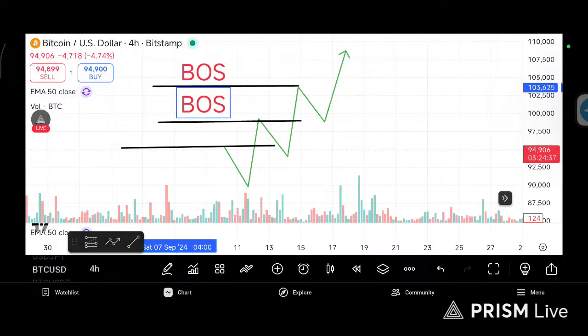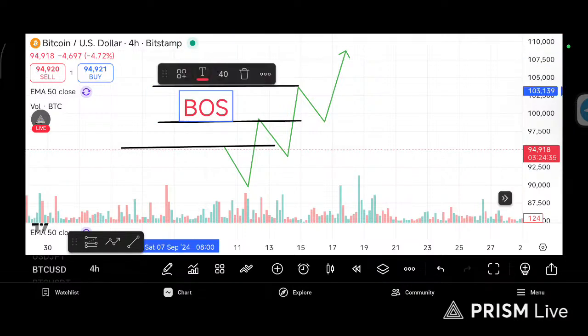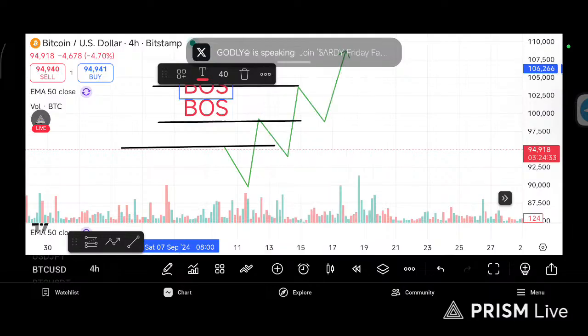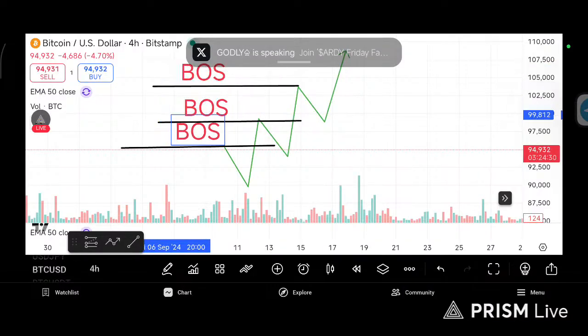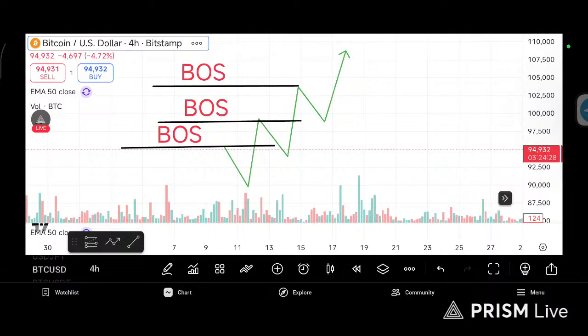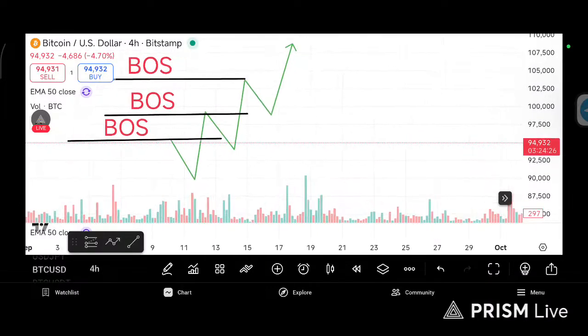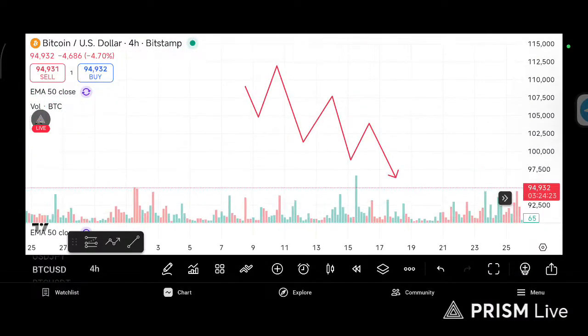If you want to clone it, you can also clone it here. So that is it. That is in an upward direction.